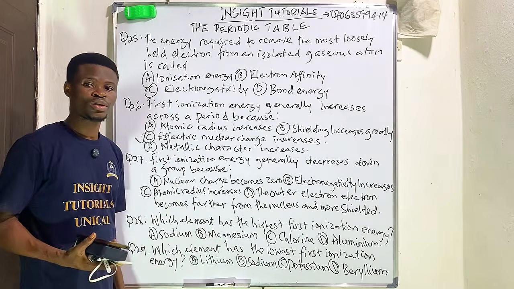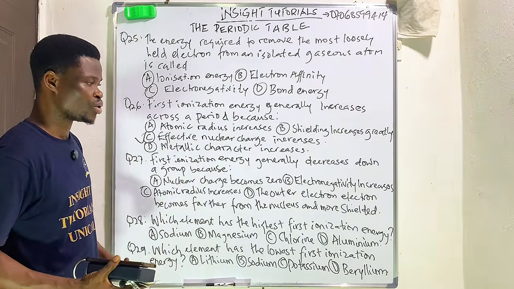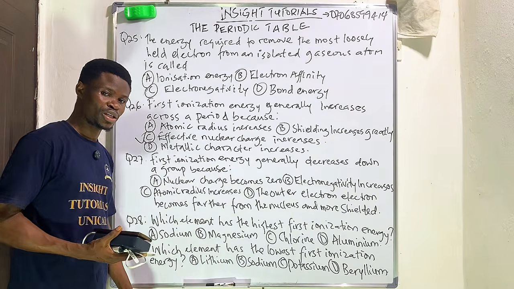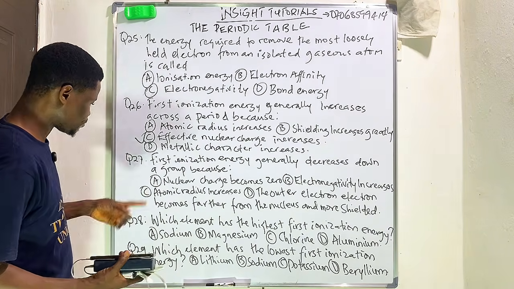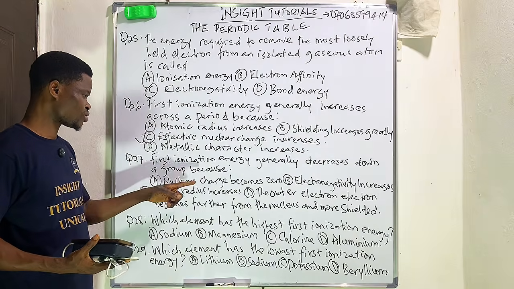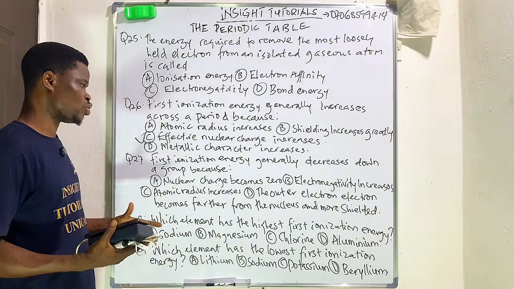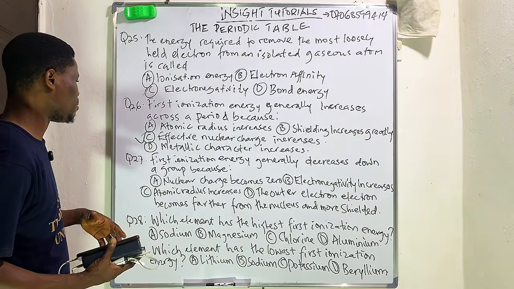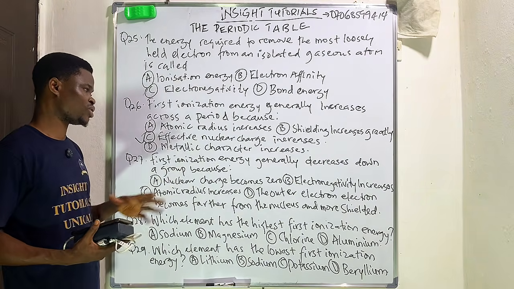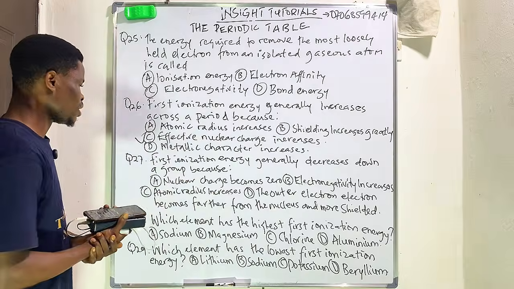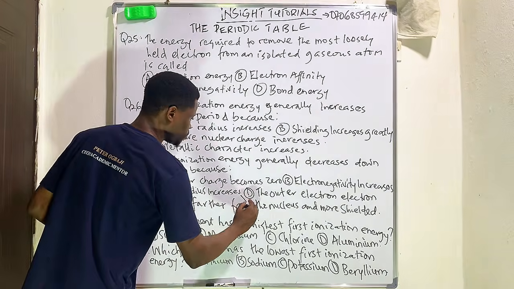So down the group, electronegativity does not increase, it rather decreases. Atomic radius increases down the group, yes, but it is not the main reason for first ionization energy decrease. So the correct option is option D.